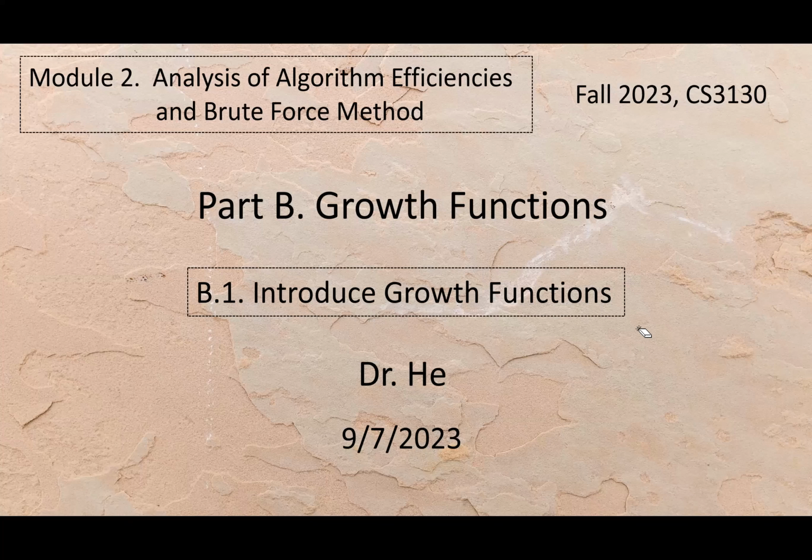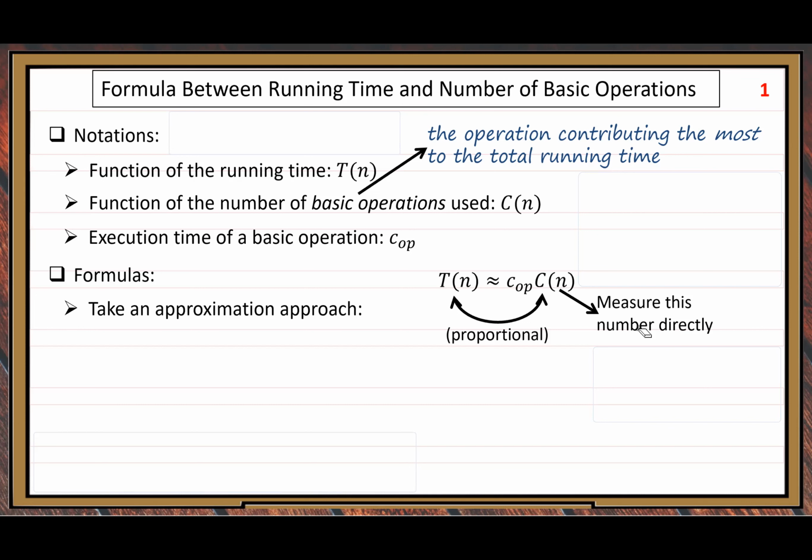So here you can see one formula connects two measures. The first measure, T of n, the response time, is not a stable measure. So you cannot use that function value to compare algorithms on different machines.